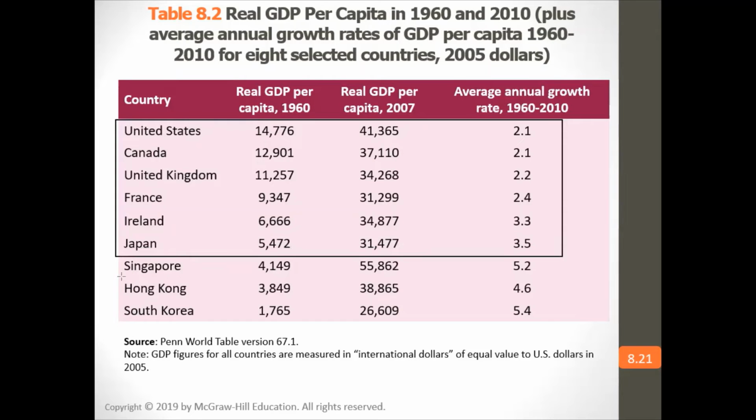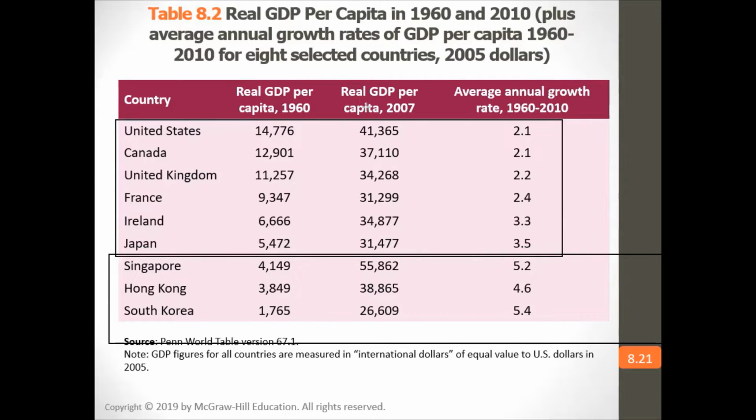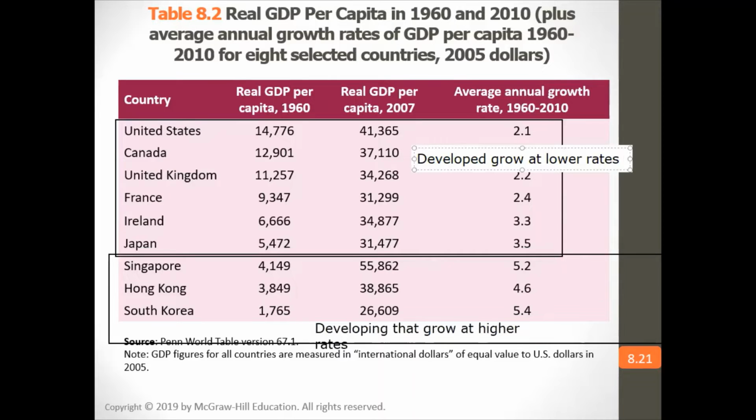So these are developing economies that grow at higher rates, and developed economies grow at lower rates because they're big and they can't grow very rapidly.